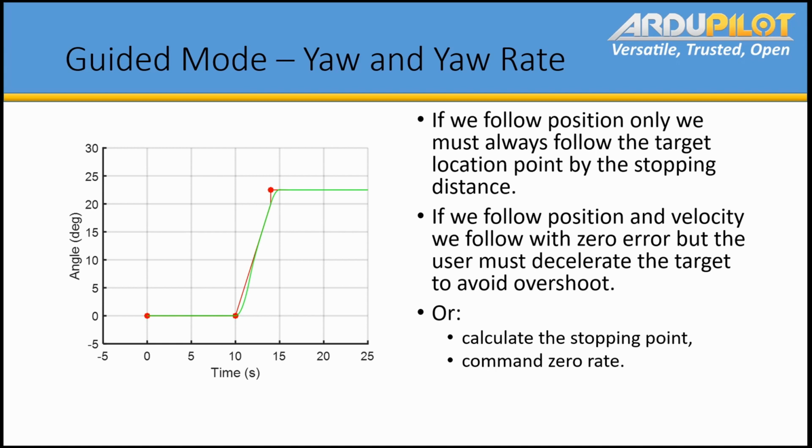And we've actually used this technique early on with a lot of our navigation controllers, and it's how we actually initialize a lot of our navigation controllers. We actually work out where the stopping point is and command, okay, we're going to stop at that position. So let's command that position with zero velocity.